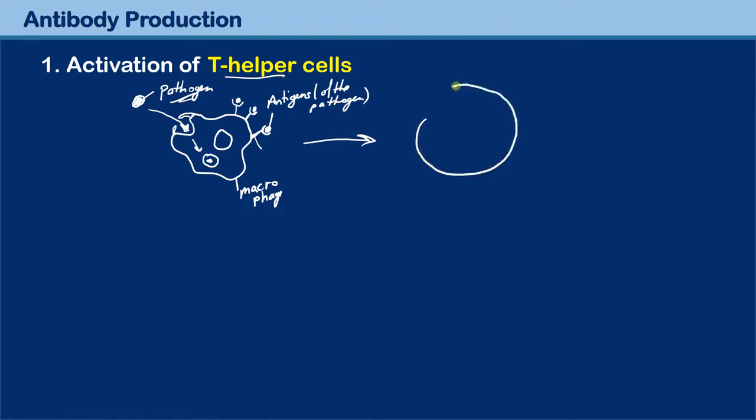It's an inactive T helper cell, so I would say T sub H. This T helper cell also has these surface structures over here, and the macrophage will present the antigen that it caught to the T helper cell. That's my macrophage.